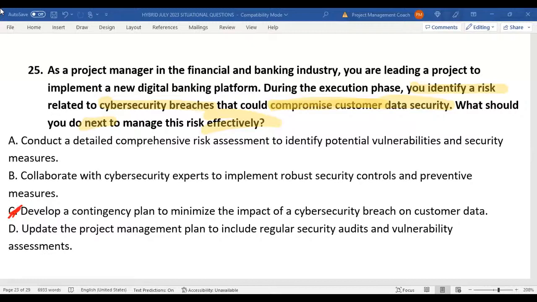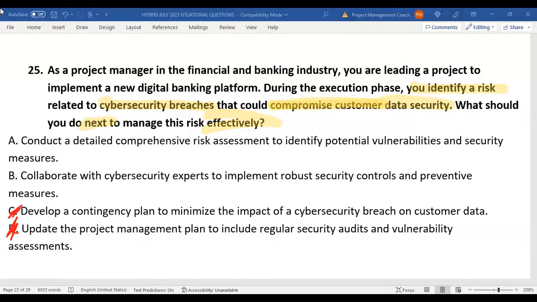You're signing up to allow it to happen? No. Let's take a look at the other option D. Update the project management plan to include regular security audits and vulnerability assessments. It's not a bad thing to do, but that is not your major step now. Right now, you need to do something to stem the tide to prevent this from actually happening. It's still a risk. So what are you going to do to be proactive about it?